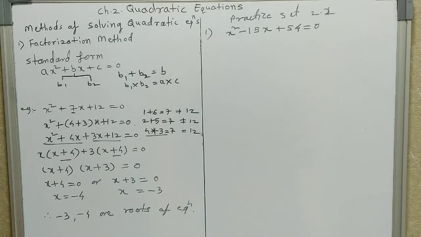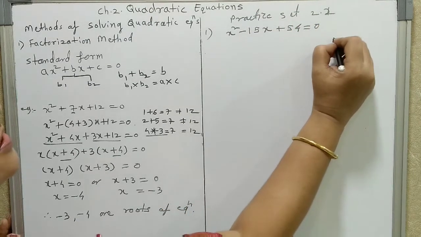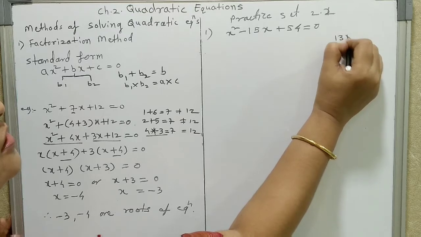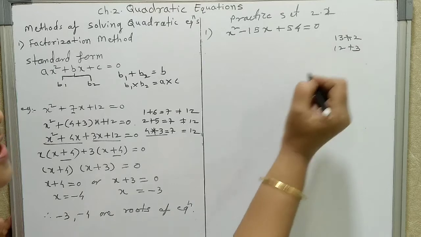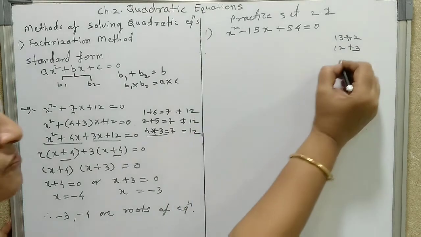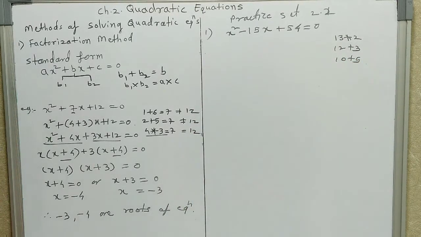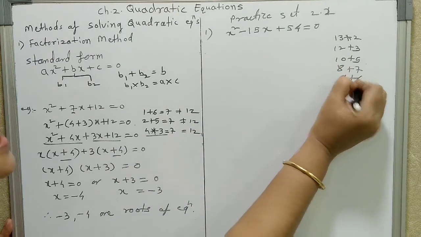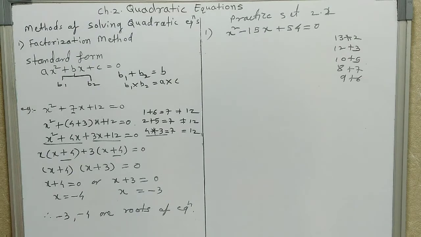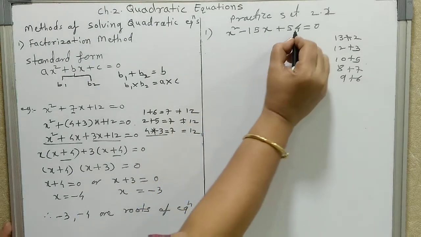Now, how do we factor this minus 15? The factors of 15 are 13 plus 2, then 12 plus 3, another is 10 plus 5, now again 8 plus 7, 9 plus 6. These are the factors. But the multiplication we want is 54.